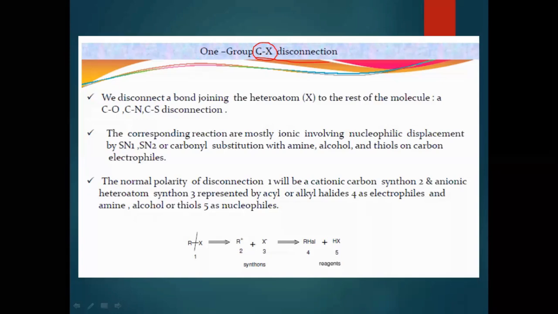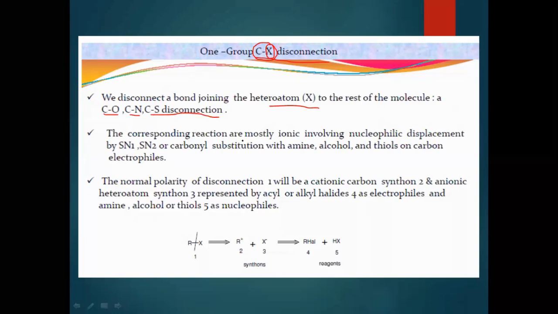In this case, X can be oxygen, nitrogen, or sulfur. So X usually stands for a heteroatom. We disconnect the bond joining the heteroatom, that is X, to the rest of the molecule, where a C-O, C-N, or C-S disconnection exists.